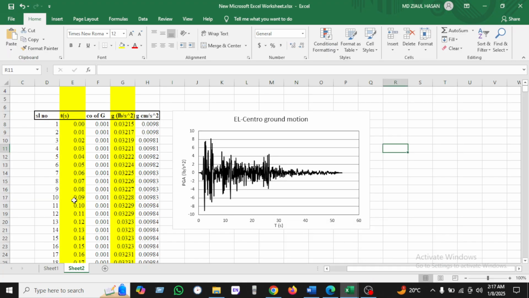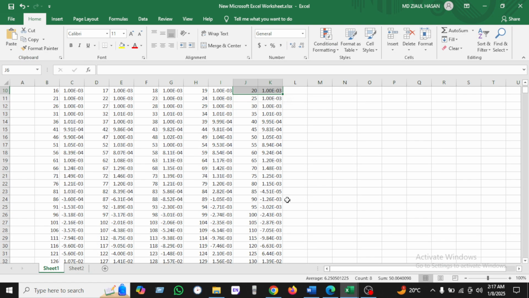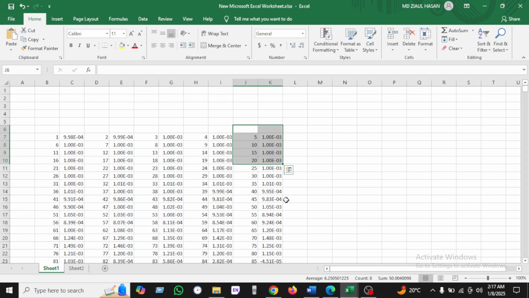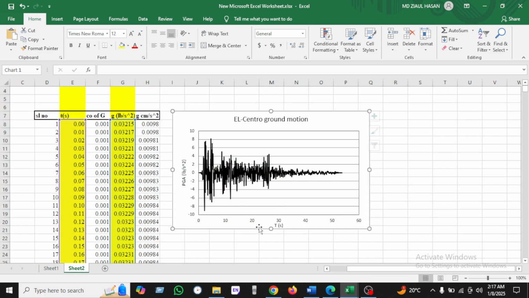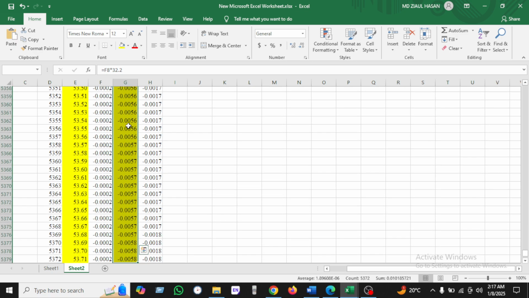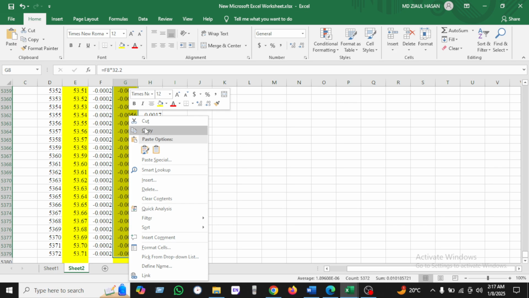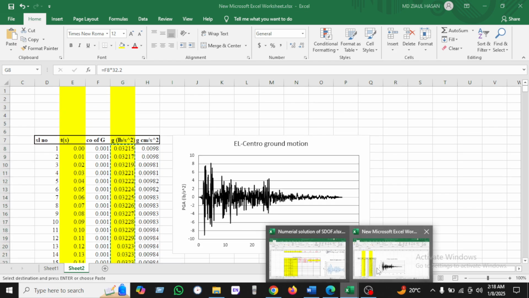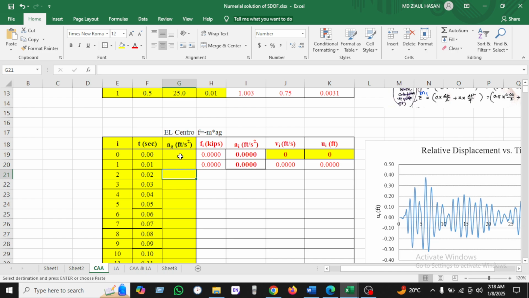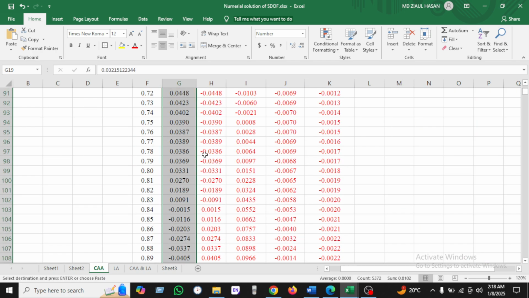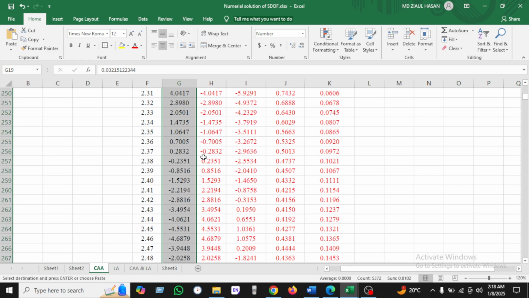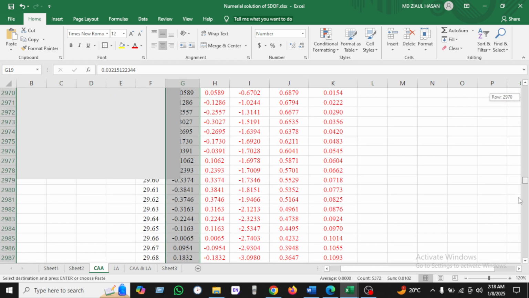I'm downloading this part as in my previous video, where you can see how to download this El Centro ground motion. So this is the ground motion. I am copying this ground motion and putting it in this area.